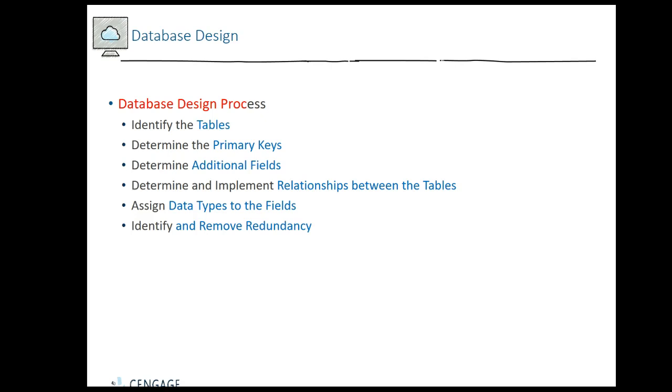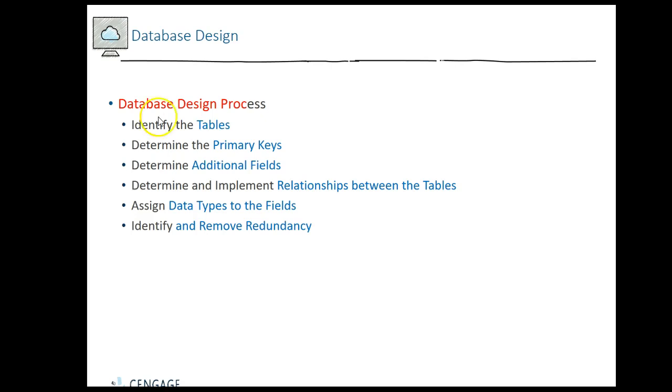Next, when it comes to the database design process, your first task is to identify tables, right? When designing your database for your own business, you need to identify what the main entities are that you want to store. When you take up a student database, the main entities you're dealing with are student, faculty, courses, grades, and tuition, all of this, right?